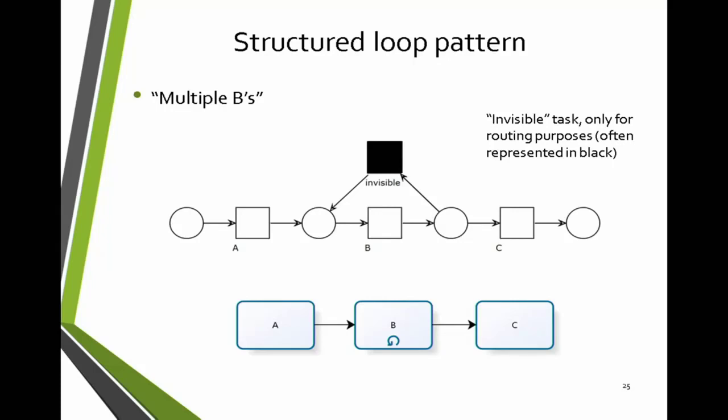It's basically an invisible XOR split that makes a choice between either doing C or doing B again. Because I will show you later, when I talk about iteration at the end of the lecture, it's basically like a choice between either doing C or doing B again, right? So it's exactly the same, only this loop marker shortens the notation and makes it more convenient for people to use. And that is a good thing.